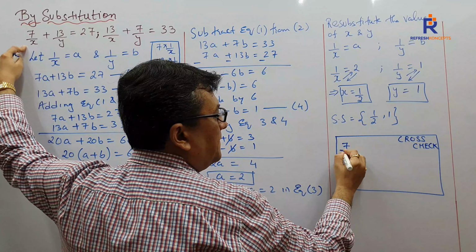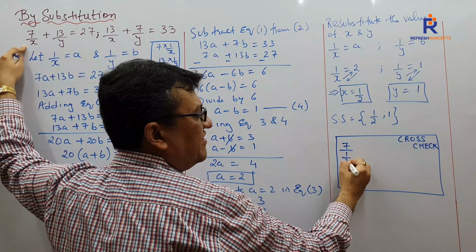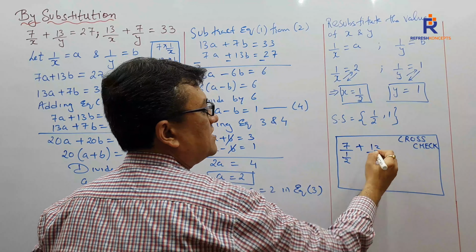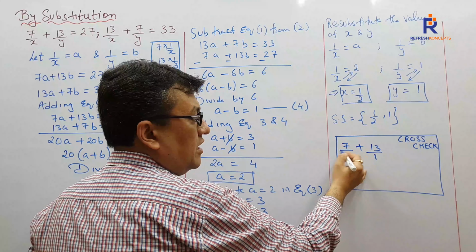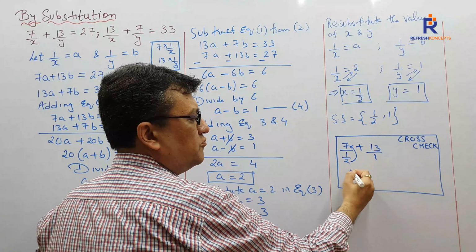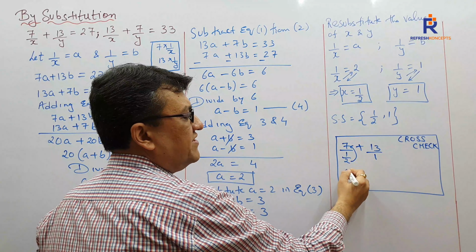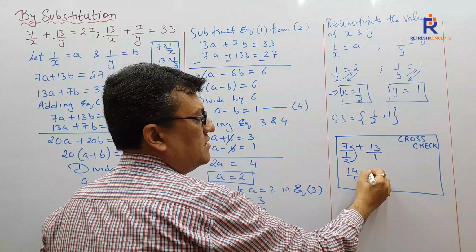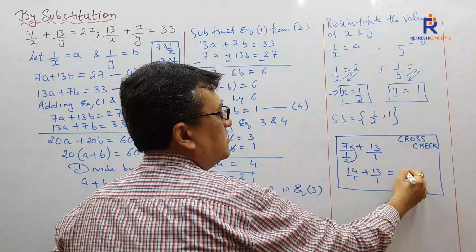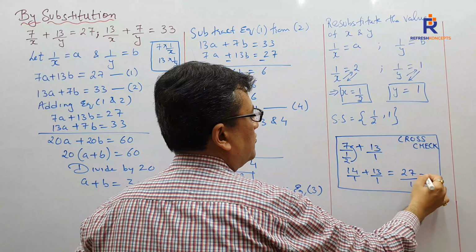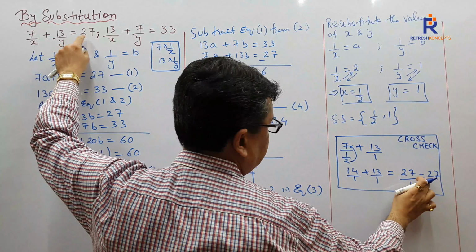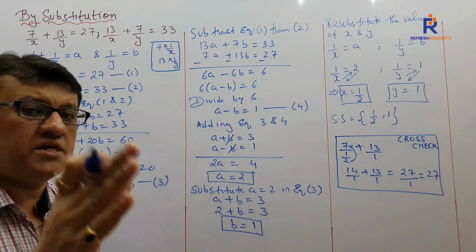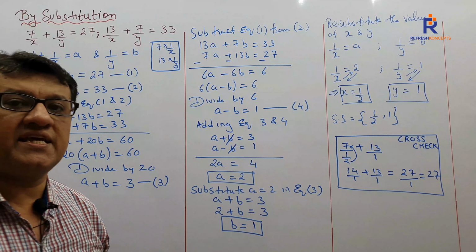So 7 by x is 7 upon half, plus 13 by y, 13 by y is 13 by 1. The half will go up: 7 into 2, 7 2s are 14, 13 by 1, 14 plus 13, 27 by 1, which is 27. And now you can check. Our answer is correct. If you want, you can take it in the second also. You shall get the same answer.